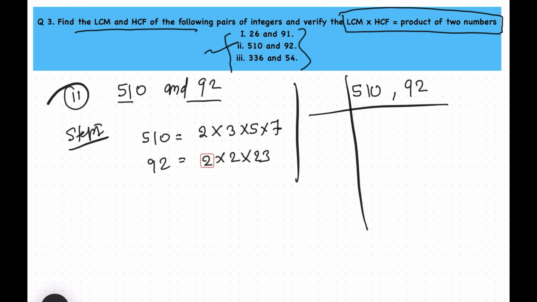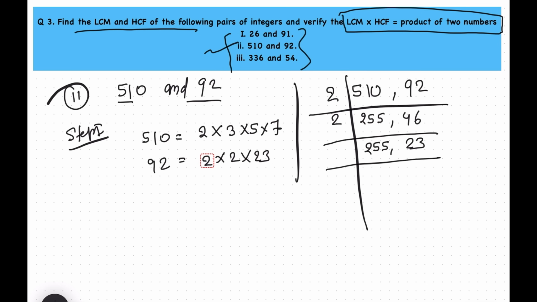First of all, we'll divide by 2, the minimum prime number. If we divide, it will become 255 and 46. Second, if we divide by 2 again, 255 stays as it is, no change, and here we get 23.